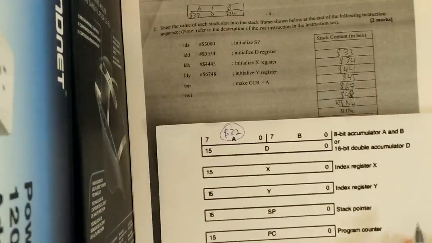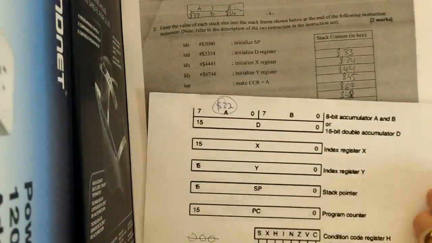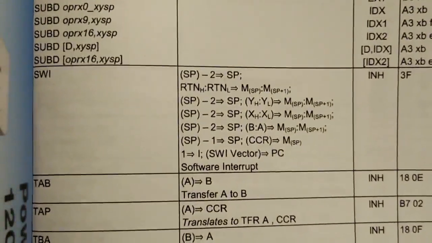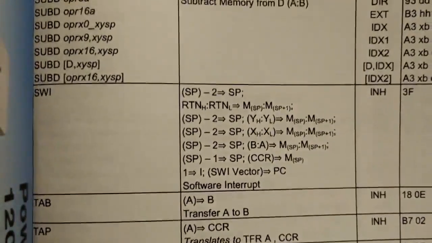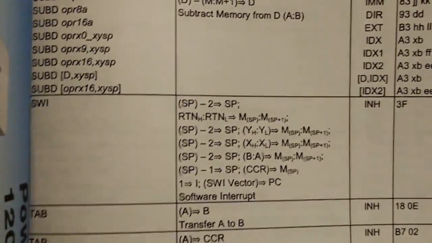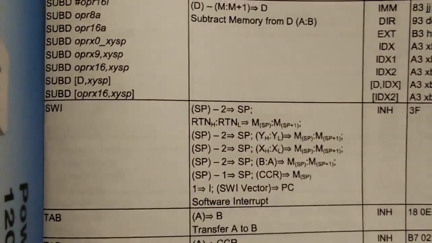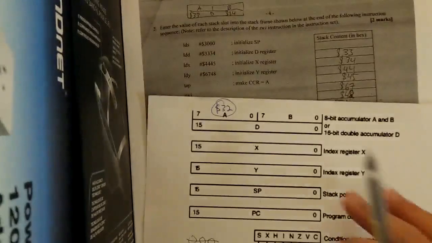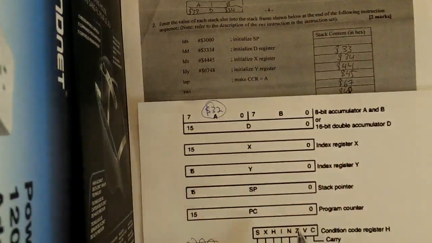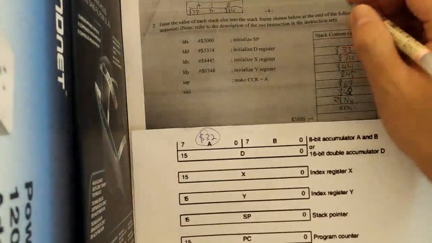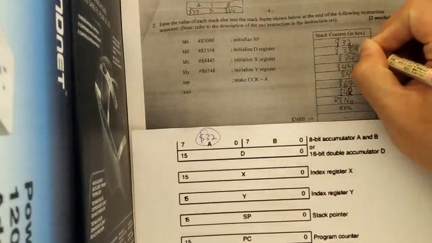Okay? So the last instruction for the software interrupt is SP minus 1, so it's only reserving 1 byte for CCR. And what's the leftmost byte for CCR right now? It's 33, right? So we're going to load in 33. And the last one is 33 as well.